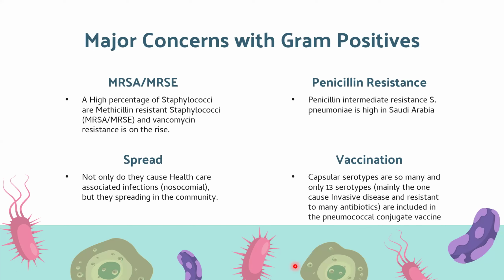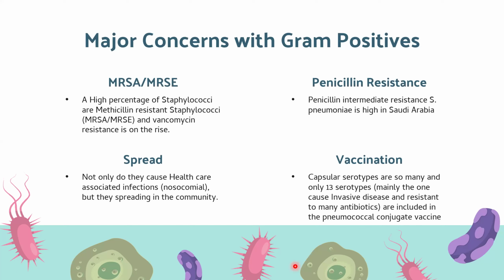So at that point, as your colleague mentioned, we would move on to linezolid, which is very sacred, and pharmacologists are trying their best not to use it, keeping it safe. We also have penicillin resistance, which at this point we consider super common. But penicillin used to be effective against almost every strain of bacteria. So penicillin resistance is on the rise in Saudi Arabia.